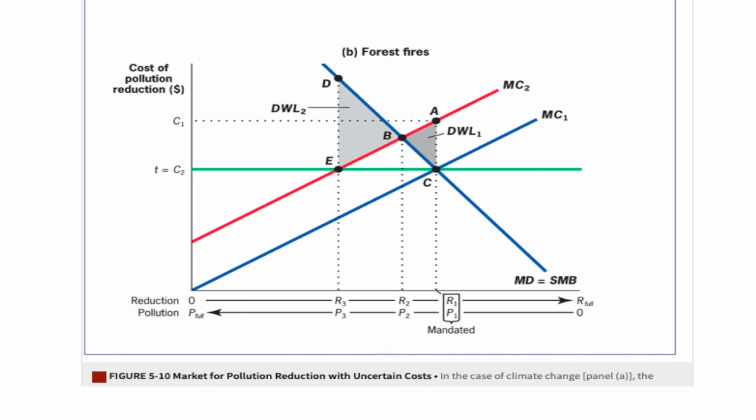So the government causes too much reduction, creating a deadweight loss to the right of point B, the triangle ABC. The tax case. The government thinks the optimal tax is little t, but little t hits MC, but in fact, the optimal tax should be higher, okay? So that means they do too little reduction.